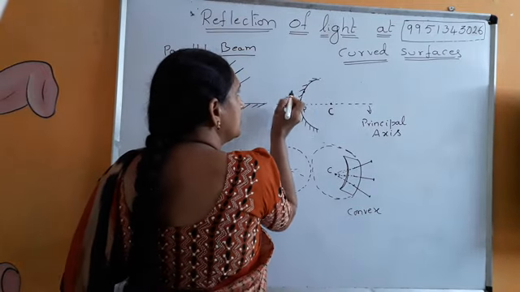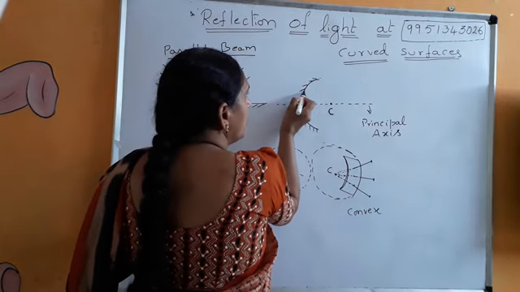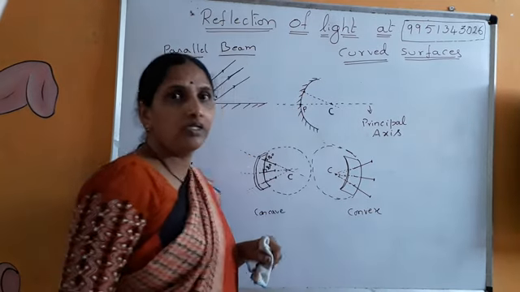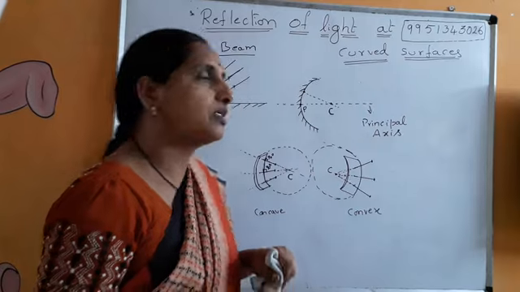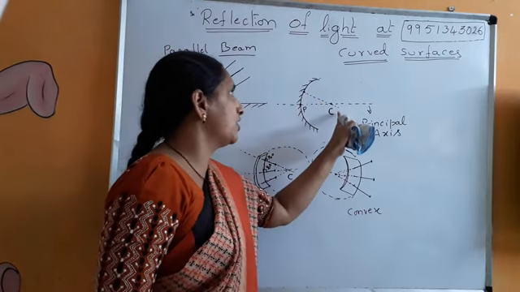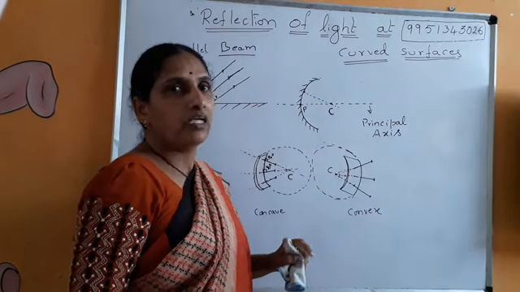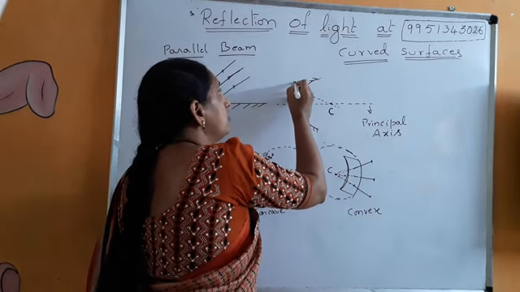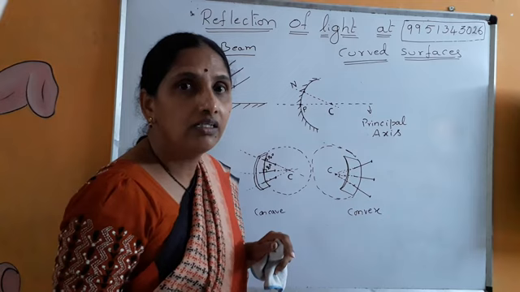In case of curvature, how will the normal be? Normal passes through the center of curvature. See, this is the normal. Why am I drawing this normal N here?